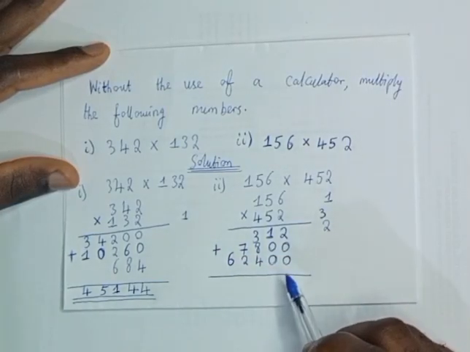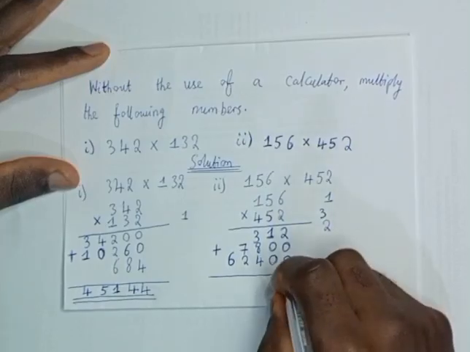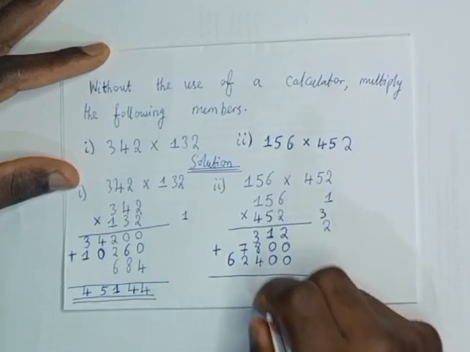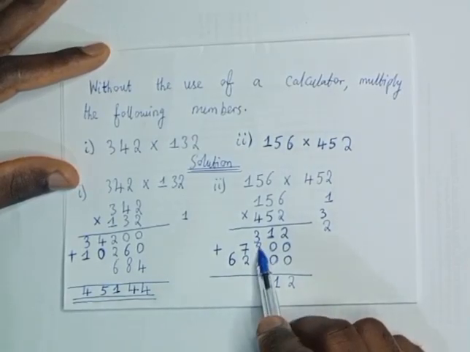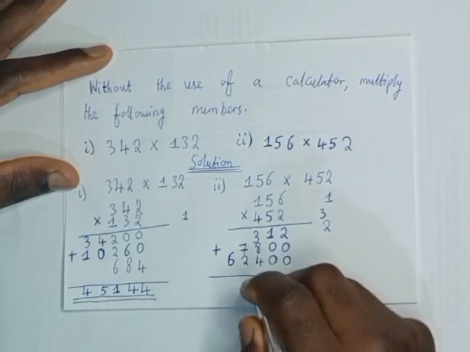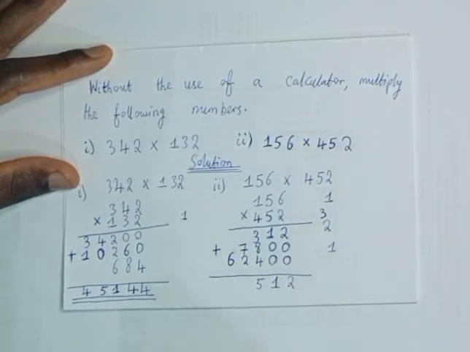We start adding from the right hand side. 2 plus 0 remains 2, plus 0 gives us 2. 1 plus 0 plus 0 remains 1. 3 plus 8 gives us 11. 11 plus 4 gives us 15. We are going to write down 5. We carry 1 to the next addition.